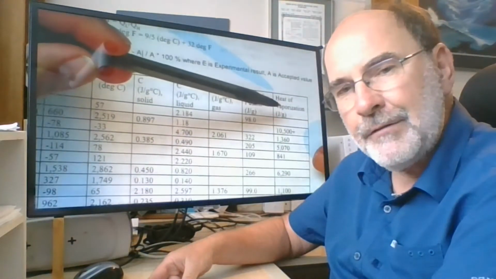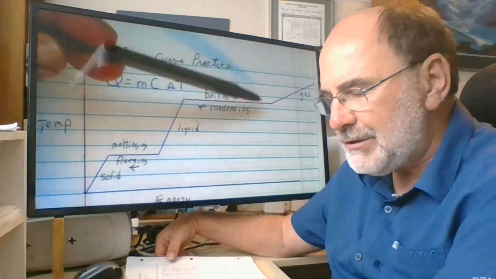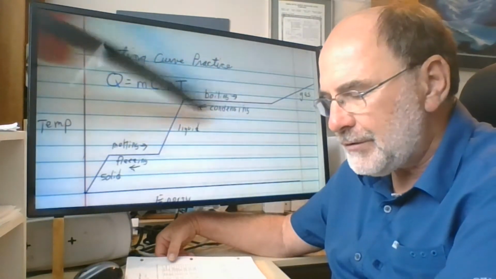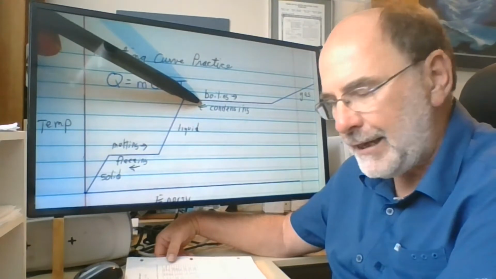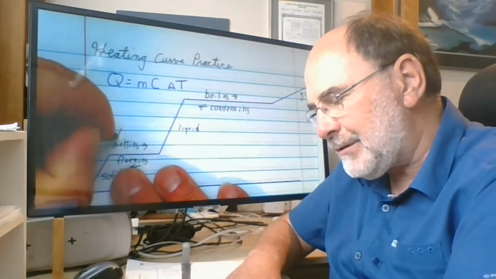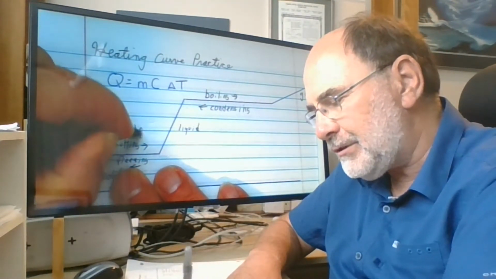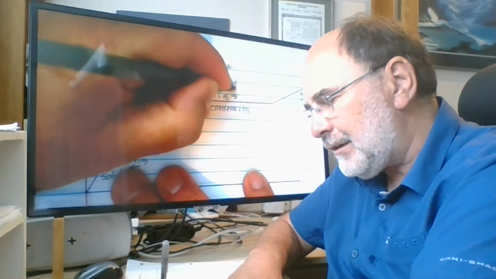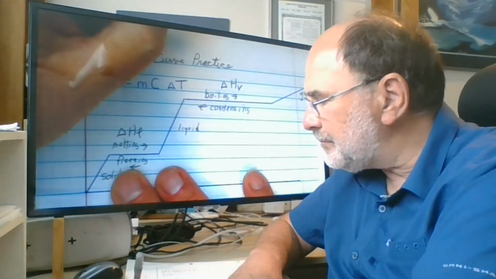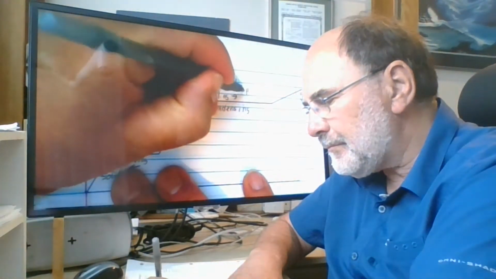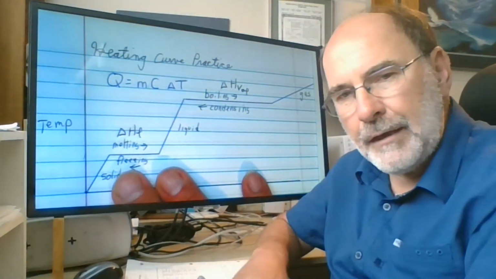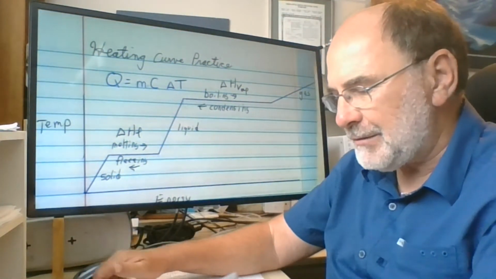The heat of vaporization is how much energy it takes to traverse this horizontal dash. So I could add to that and put here delta H of fusion and delta H of vaporization, as terms that now you're responsible for, right?